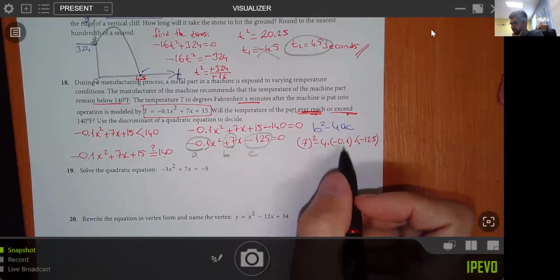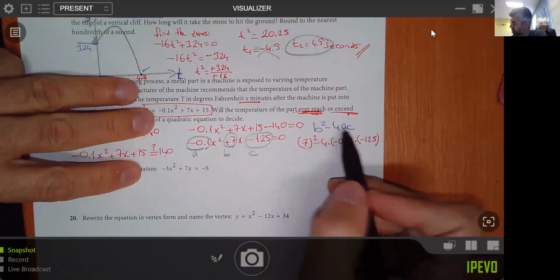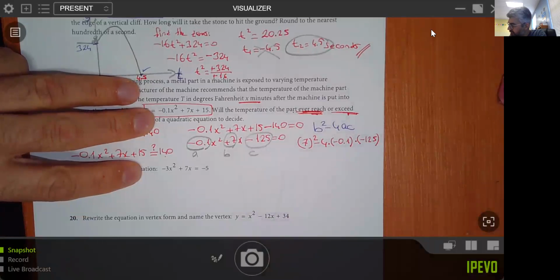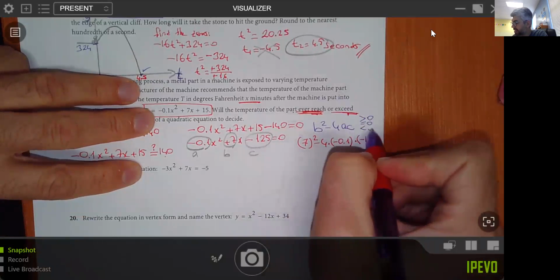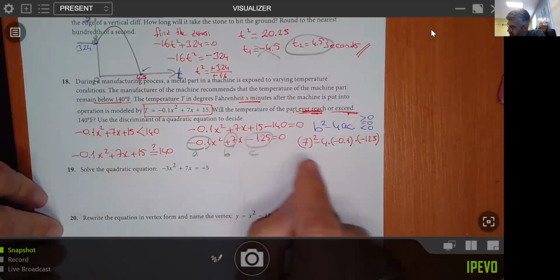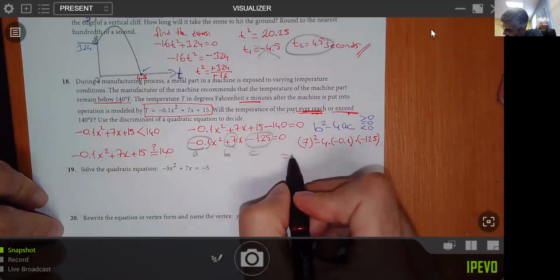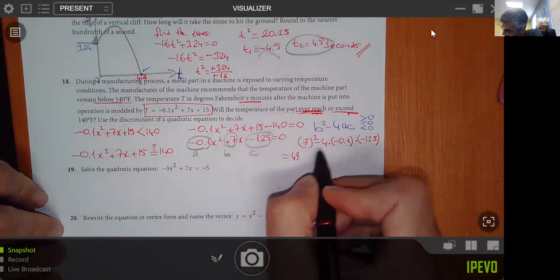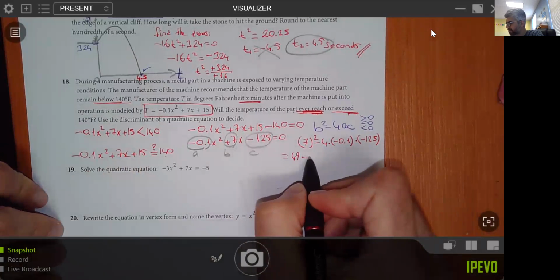Okay, so you know there are three possibilities for B squared minus 4AC. It may be greater than 0, equal to 0, or less than 0. From this, I will understand. And this operation, if I do it, I have 49 minus, minus, minus. There are three minuses here, guys. So I have minus.